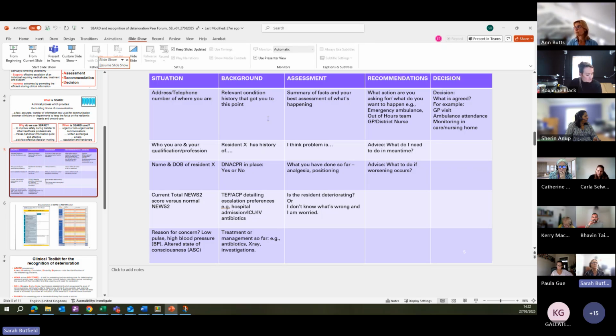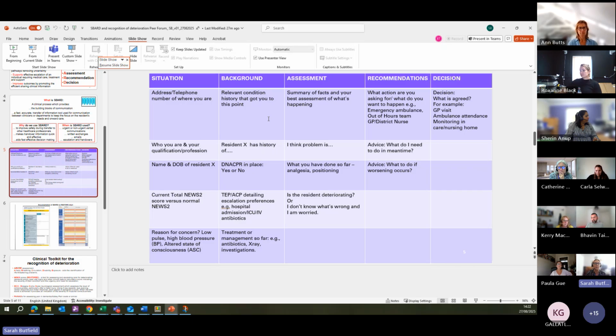Secondary to that, it's really important that you've got the background. So we might be looking at underlying comorbidities, past medical history. There could be medications that have a high impact on risk. For example, in a fall situation, we really need to know about anticoagulants. We might need to know about antiplatelets and other medications. Really importantly, in the care home situation, is there a DNACPR in place?